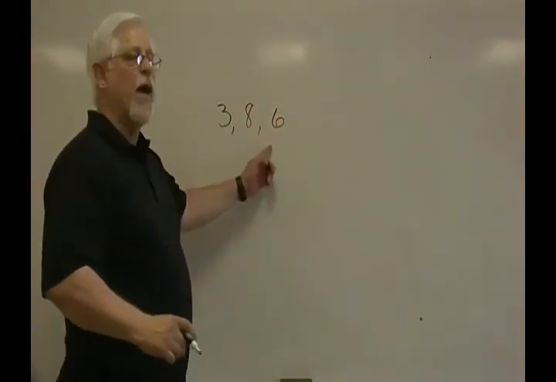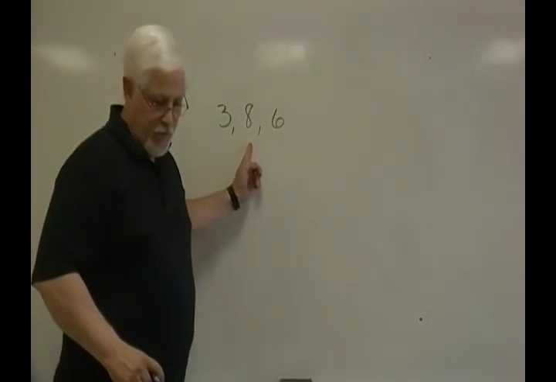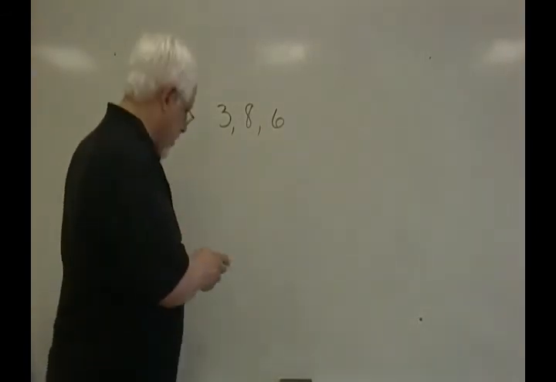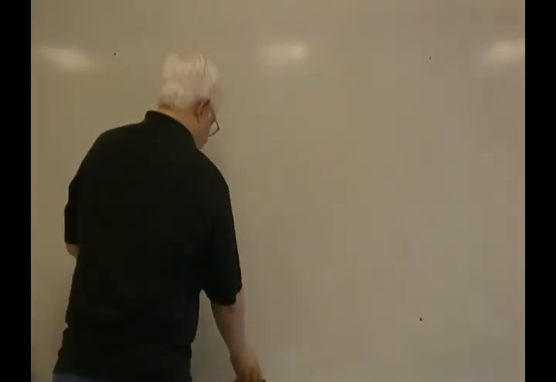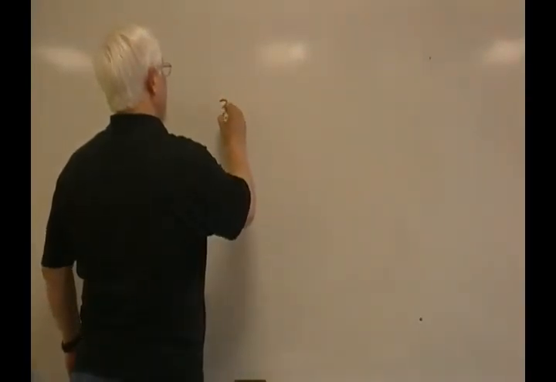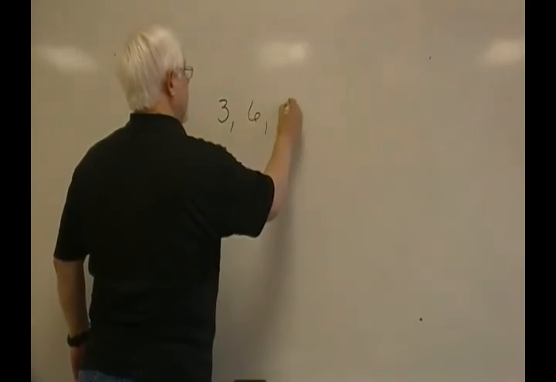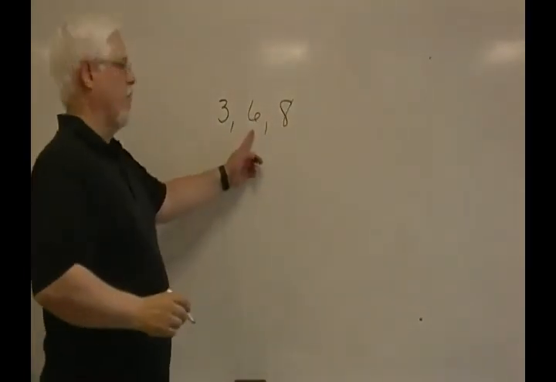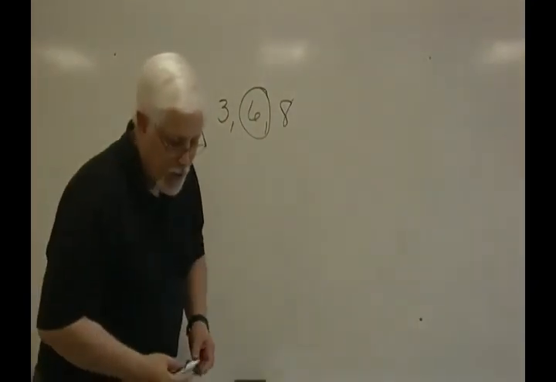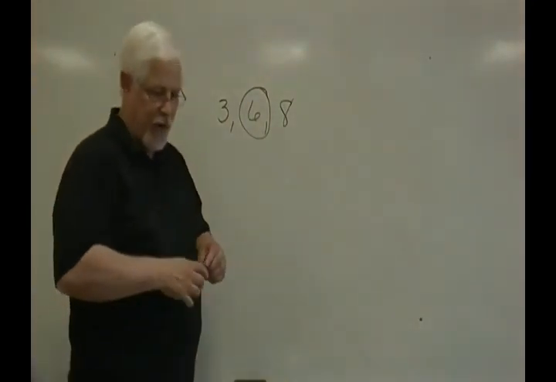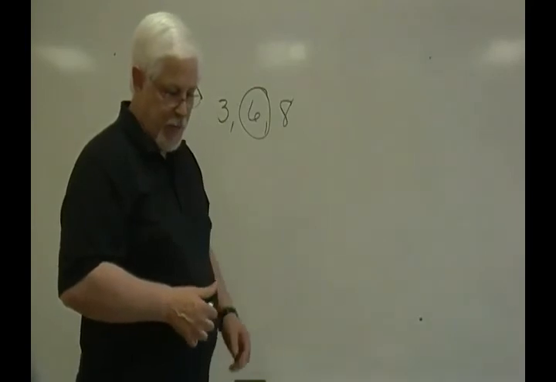It's an odd number of values, so it's the middle value. I'm sorry. What you want to do first is put them in order. That would be 3, 6, and 8. Now take the middle value, which is 6. So the answer to number 6 on page 425 is choice B.